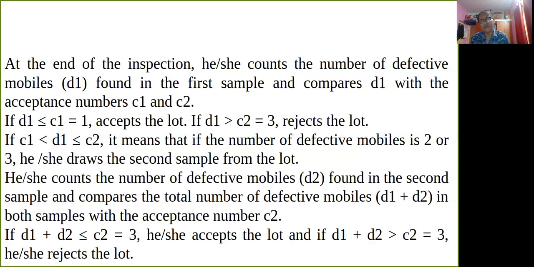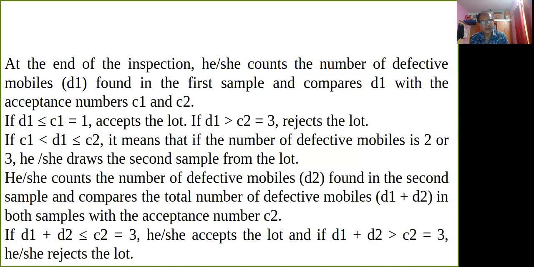Next, if C1 is less than D1, and D1 is less than or equal to C2, it means the number of defective mobiles is 2 or 3, then he or she draws the second sample from the lot.